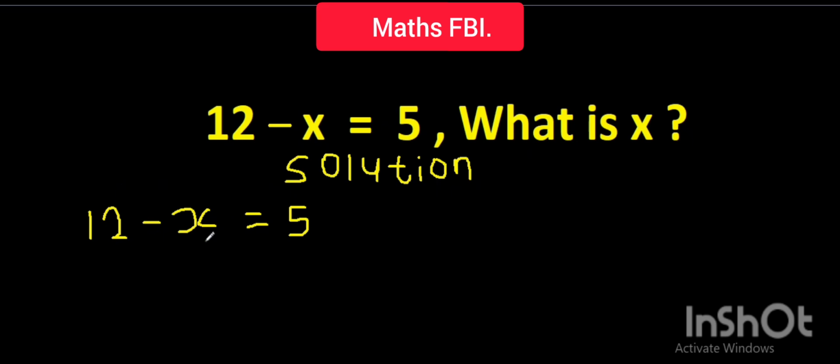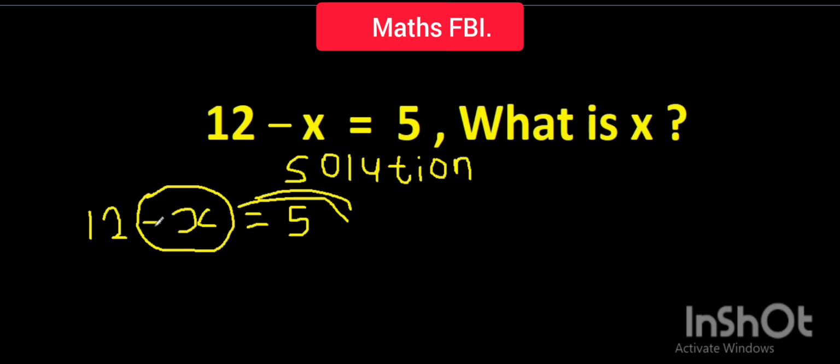Now this unknown is minus x. When we are moving it to this side of the equation, the golden rule, the principle, is that when you are moving a number from one side of the equation to the other side, as soon as it crosses the equal sign, the sign changes.